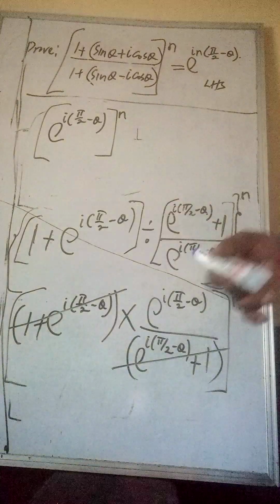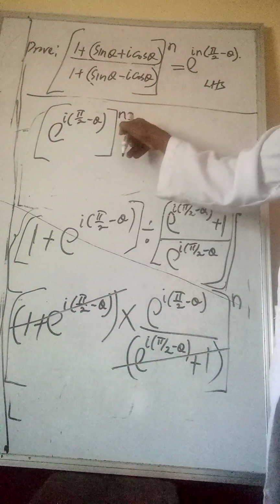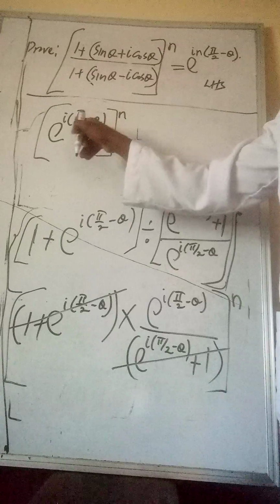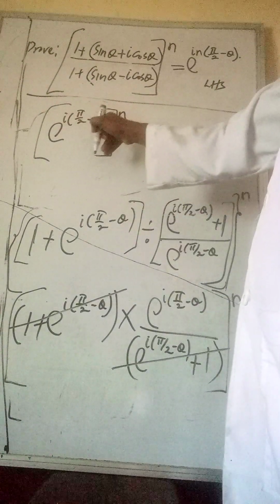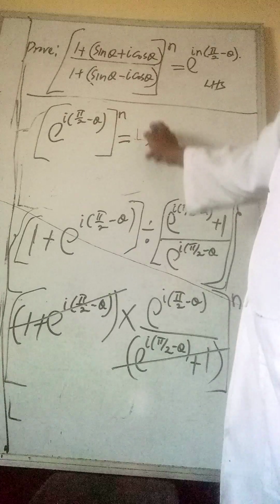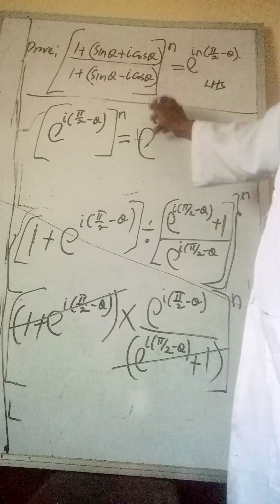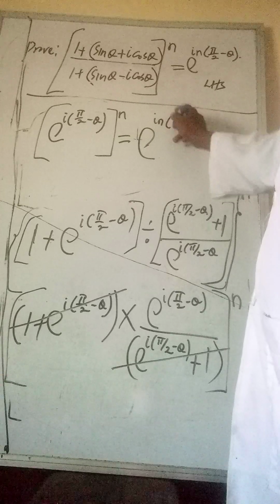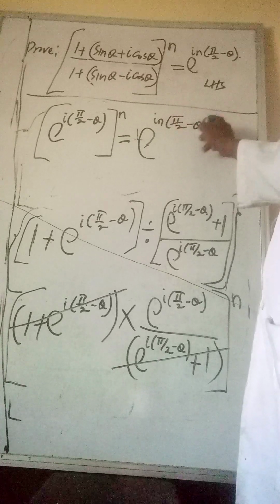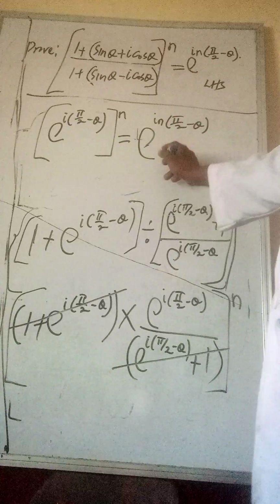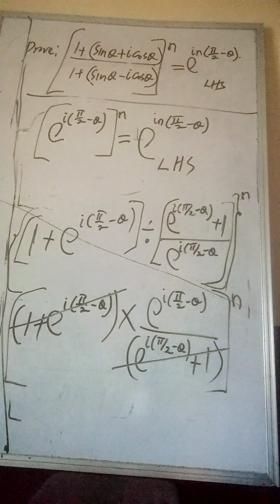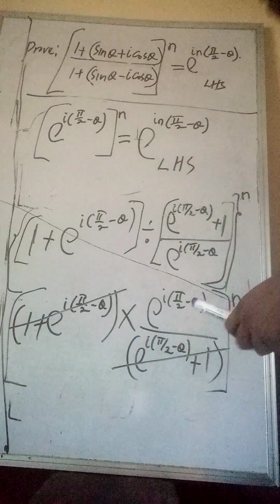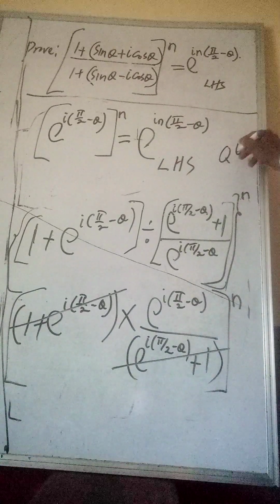So according to the law of indices, the power outside can multiply the power inside. So I'm going to use n to multiply i into bracket pi over 2 minus theta. That will now give us e to i n open bracket pi over 2 minus theta, which is the left hand side. So that is the proof. QED.